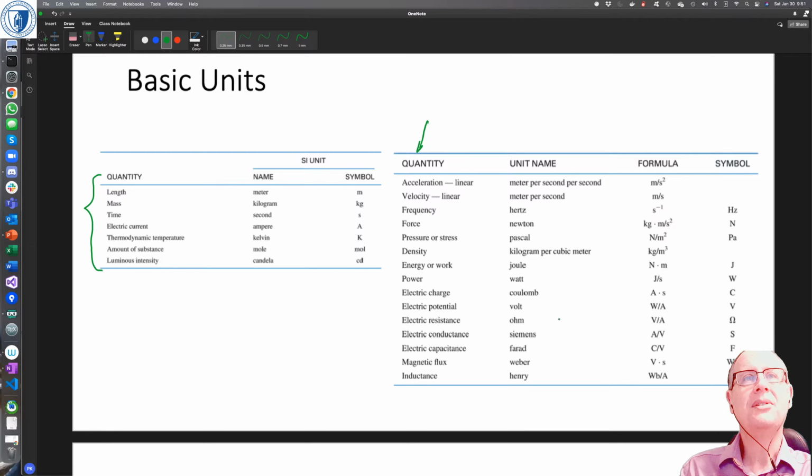So there are various derived quantities, and the ones we're particularly interested in are frequency, a little bit in energy and power, certainly charge, potential, resistance, conductance, capacitance, and maybe not so much magnetic flux, certainly inductance.